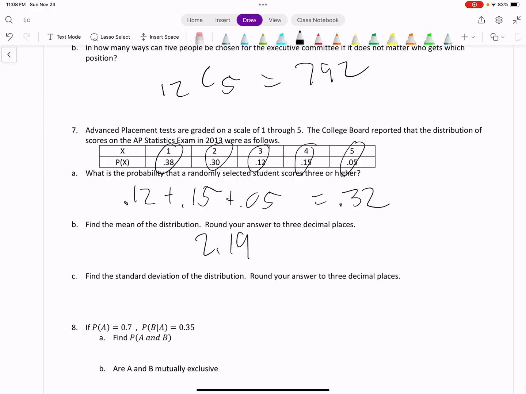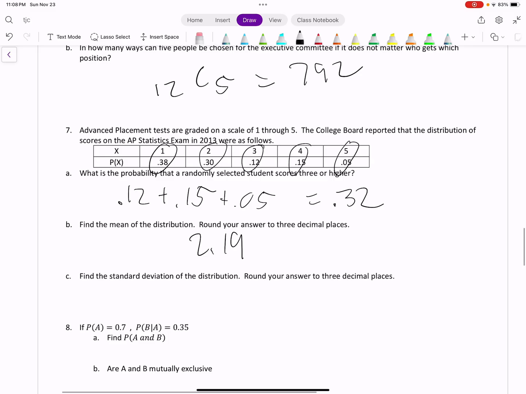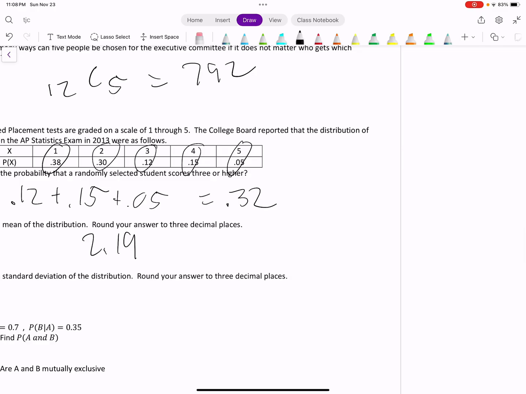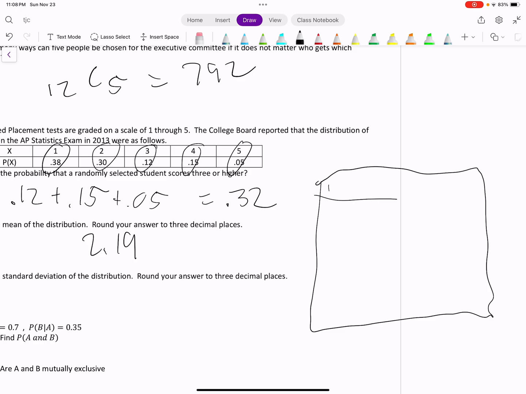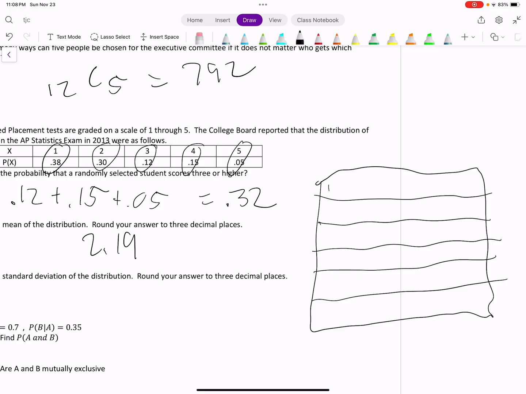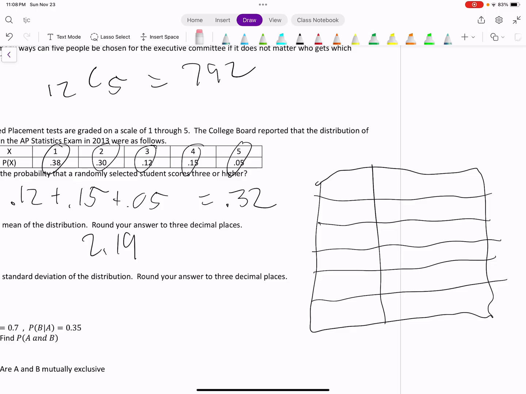Standard deviation, if you're going to do this by hand, here, I'll do it by hand over here. You're going to have to create a table like so. So we're going to subtract 2.19 from each value: 1 minus 2.19 is negative 1.19.